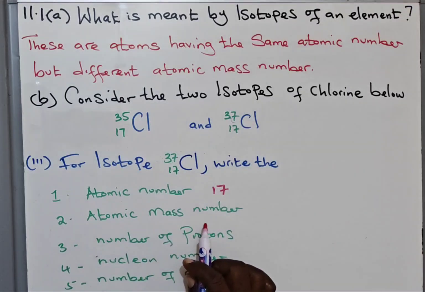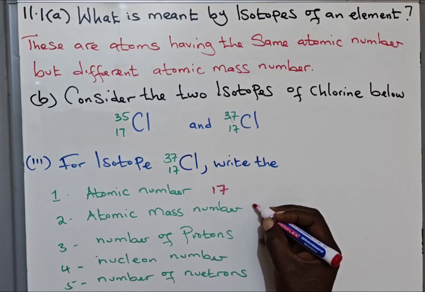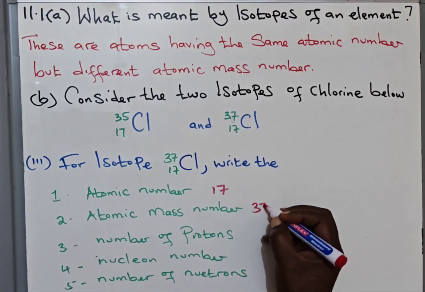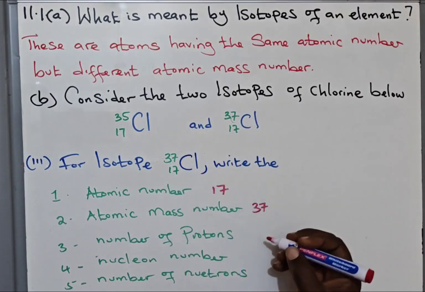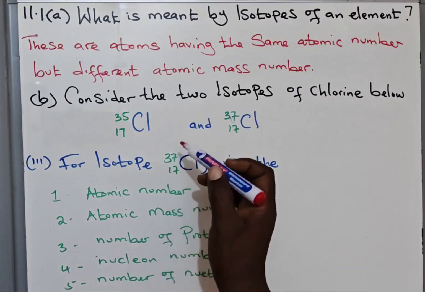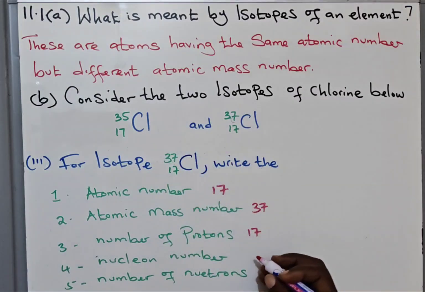Then the nucleon number is the same as the atomic mass number, so it is 37.